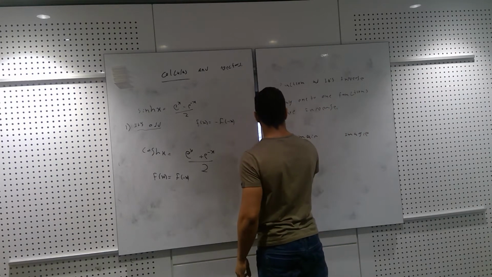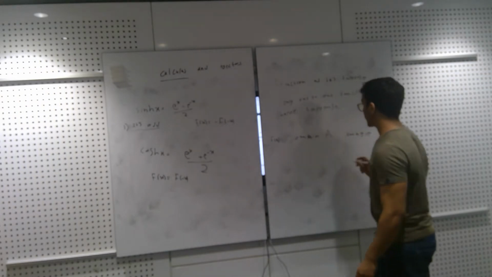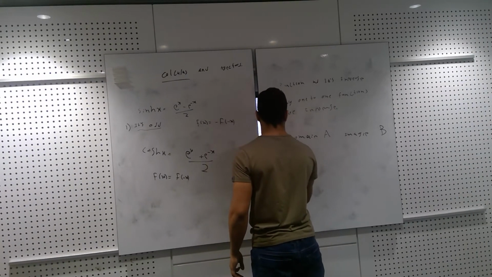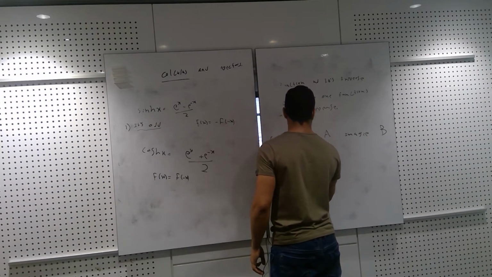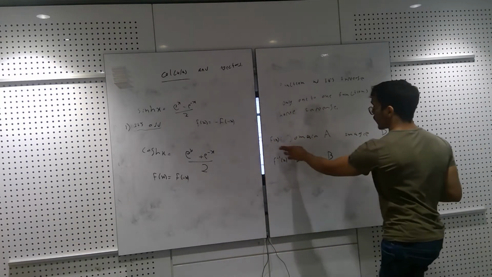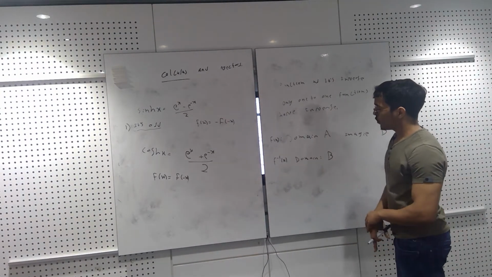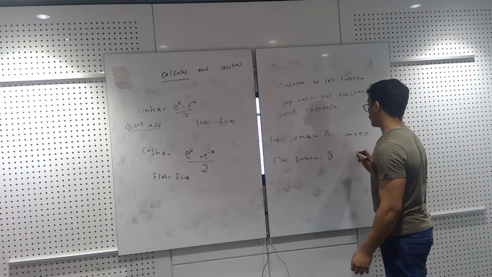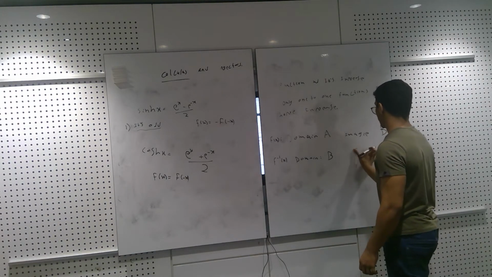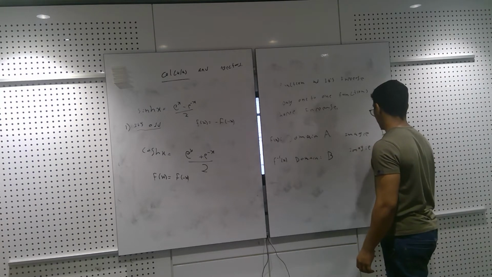As for f of x, let's say the domain would be some set A, and the image would be some set B. So the domain of f inverse of x will be the set B, and the range, the image, will be equal to A.